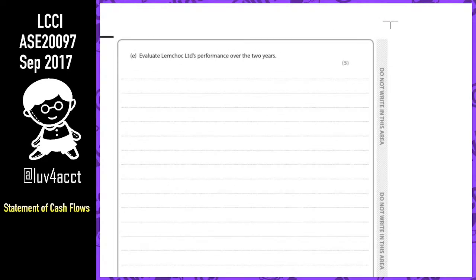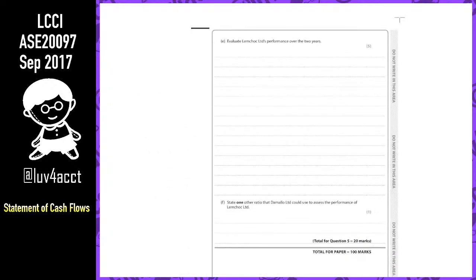Okay, evaluate the company's performance over the years. Okay, is it our company? Okay, state one ratio that the Malo Limited could use to assess the performance of this company. Okay, so let's see which company we belong to.